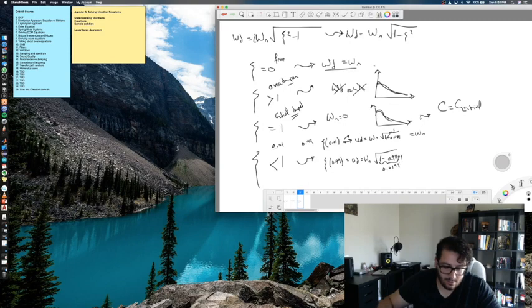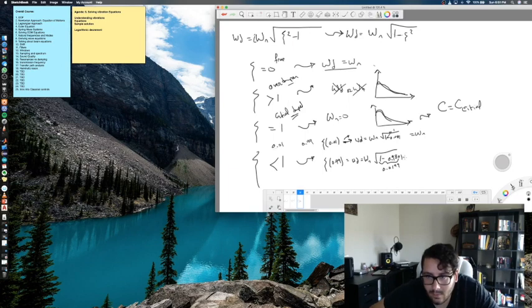When you take the square root of 0.0199, we get about 0.14 of omega n.